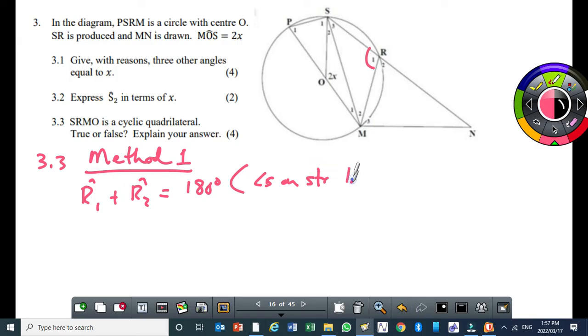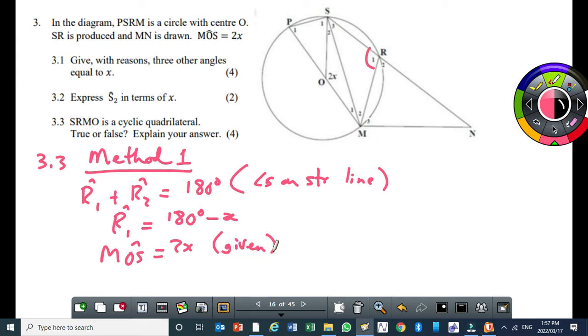These are angles on a straight line. Now, R2, we know that R2 is x already. So R1 is equal to 180 degrees minus x. And we know that MOS is equal to 2x, and this is given.